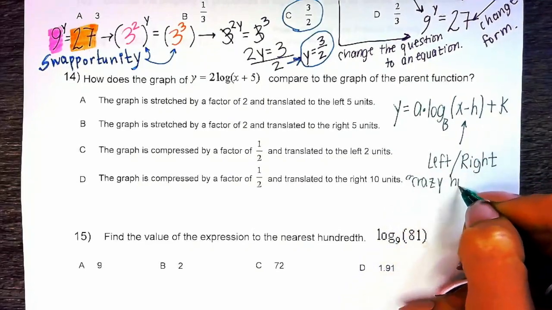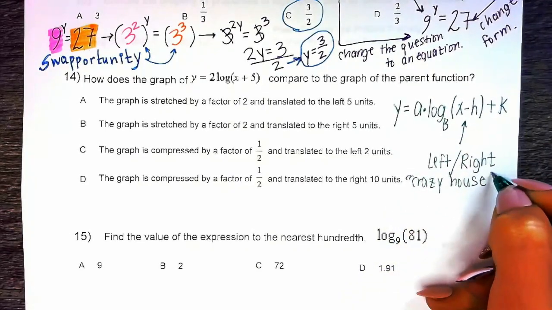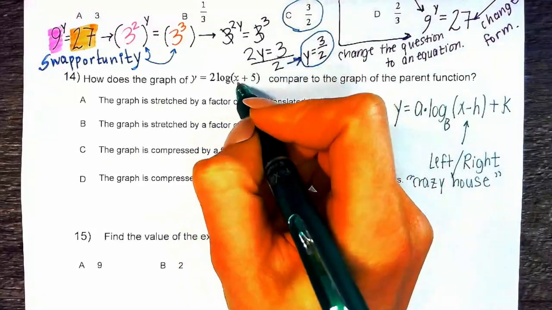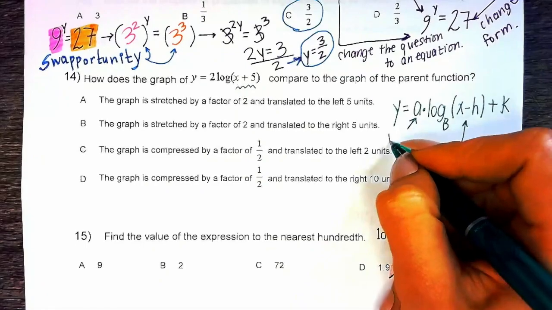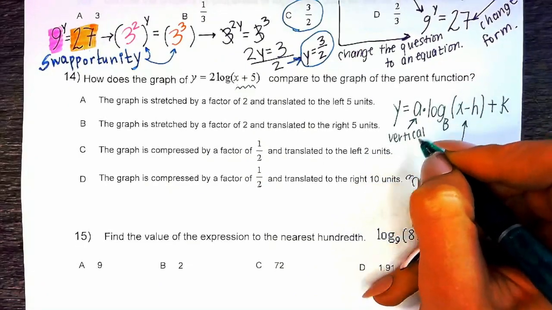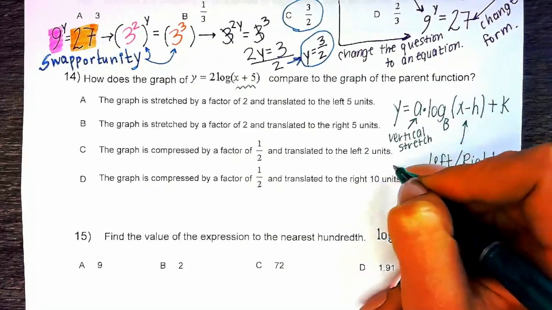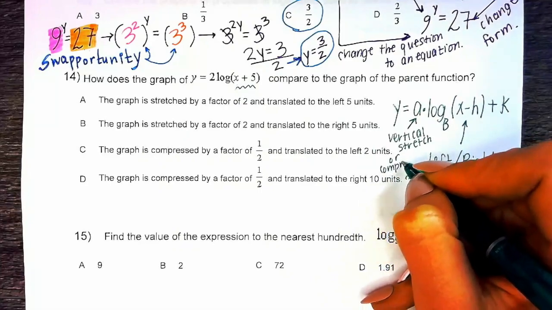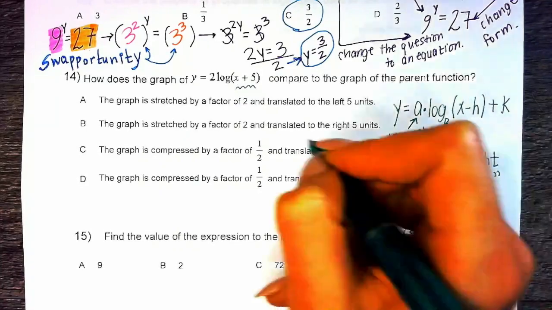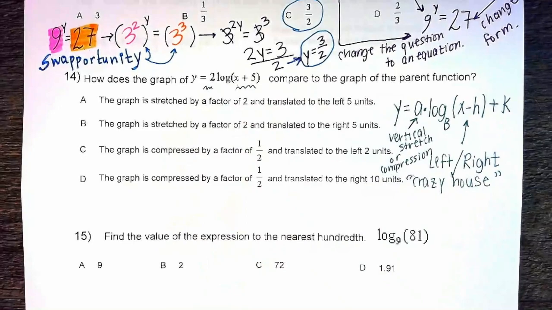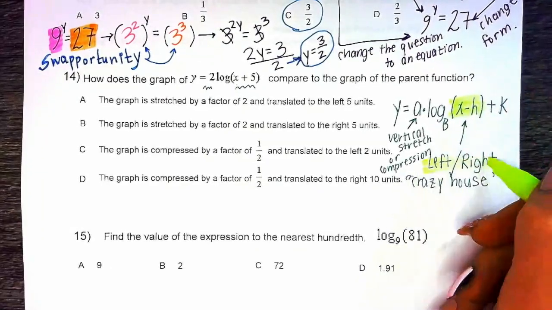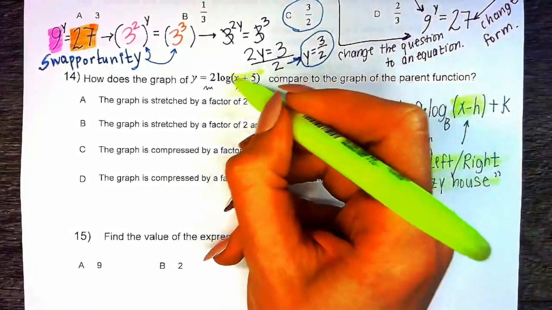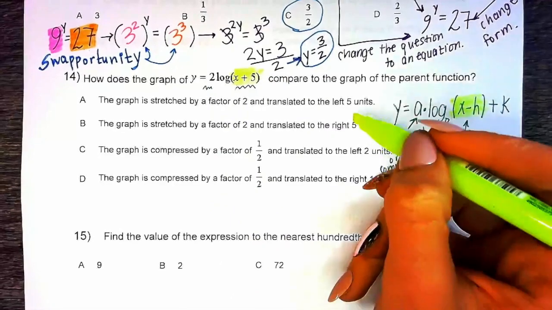The x plus 5 is often represented as x minus h, and we just happen to not have a plus k in this example because our plus k is really plus 0. The x minus h we called our crazy house. That moves our graph left and right, and we say it's crazy because it's the opposite of what you would normally expect. X plus 5 will move our graph then to the left 5 units.